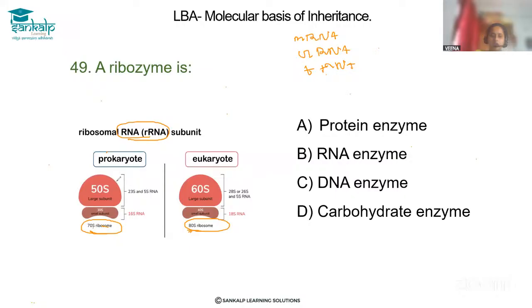The larger subunit is 50S and the smaller subunit is 30S in prokaryotes. In eukaryotes, the larger subunit is 60S and the smaller subunit is 40S. So the correct answer is that the ribosome is an RNA enzyme. Option B, that is RNA enzyme, is the correct answer.